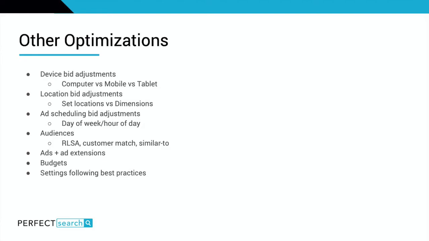Location bid adjustments. So we want to look at our set locations. We normally set up our accounts with locations by cities or by states so that we can compare performance between them. And then we also want to look at, for instance, the user location report as opposed to their set locations, because those can be different.